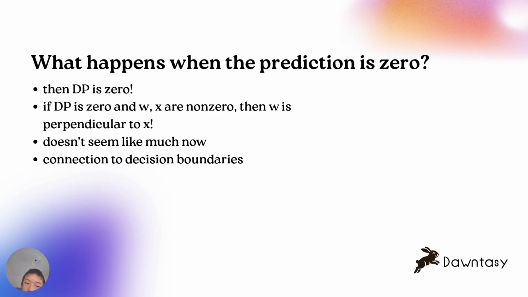We'll show how when this dot product, this prediction, is 0, i.e. the weight vector is completely orthogonal or perpendicular to the input vector, this acts as a sort of decision boundary, like at a state of maximum entropy, at the border of two decisions.